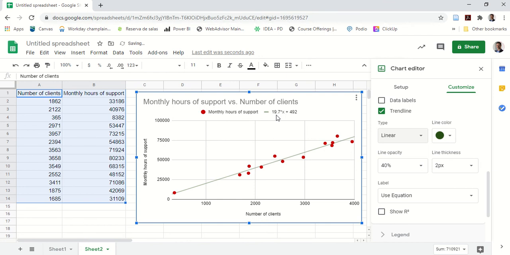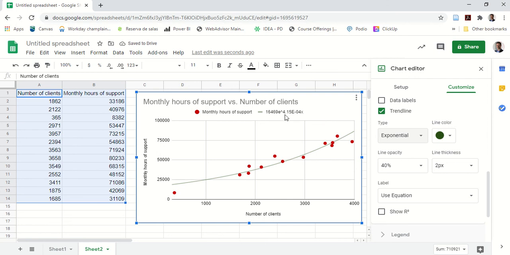which is 19.7 times x, but you see 942, the other one goes 943 because that has that small difference. It's a difference in methods, but it's going to give us a number that is very close to the other one, probably with a difference of 1, and we'll need ways of seeing which one is actually fitting our data better. If we move to exponential, we get something totally different.